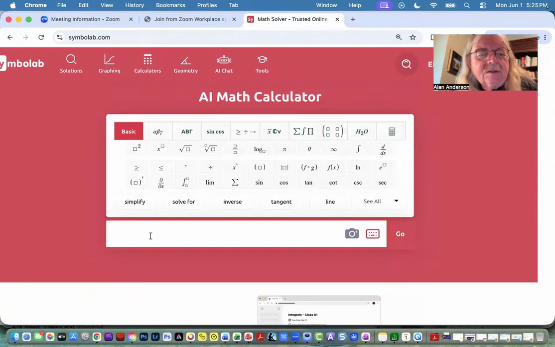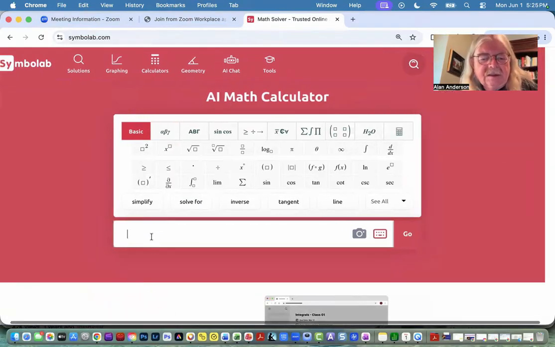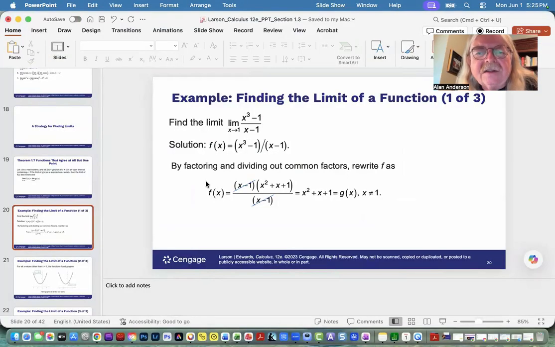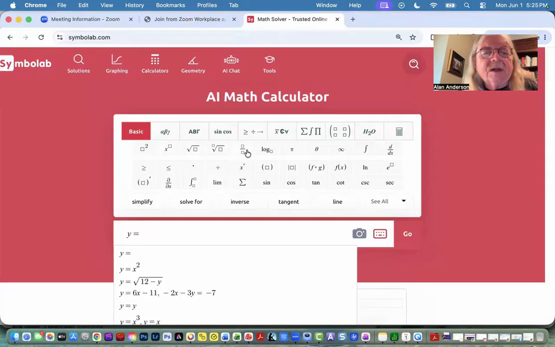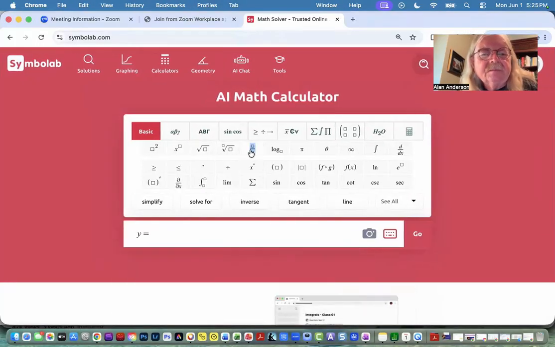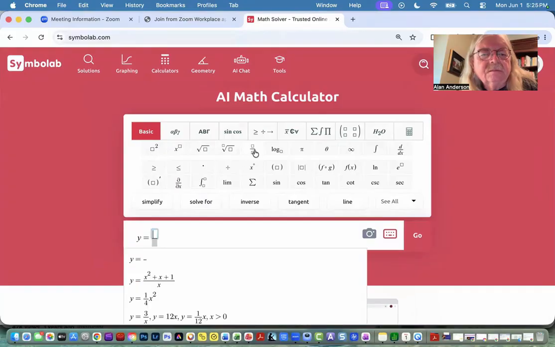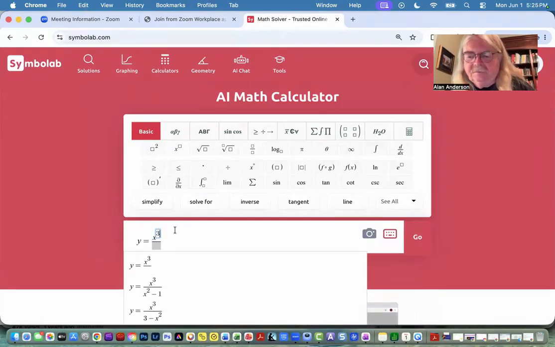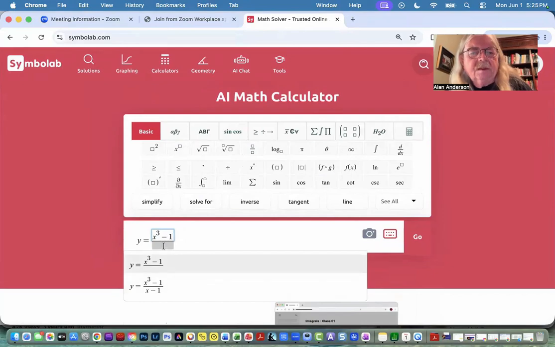So it is x cubed minus 1 divided by x minus 1.